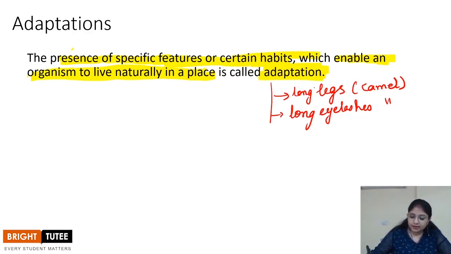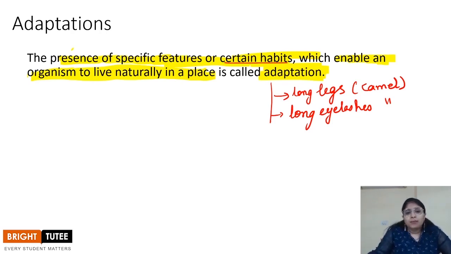So in this way we see that adaptations are specific features which make that particular animal successful. Then there are certain habits also. The example in the case of camel is that it can drink a lot of water at one time. That is a certain kind of habit that helps in the survival.